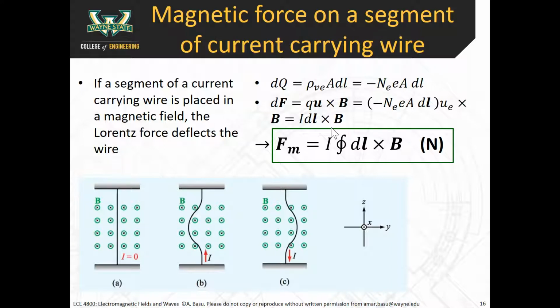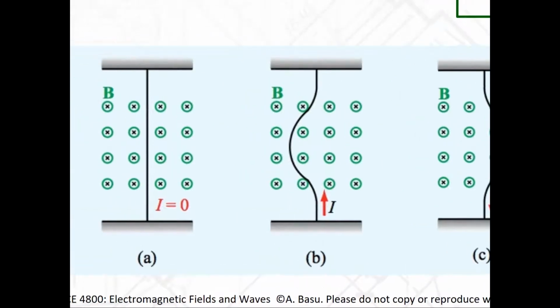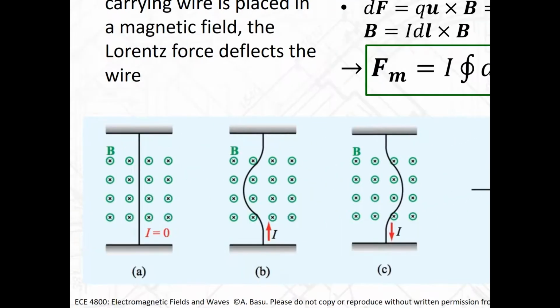So this slide is just about how there could be a force exerted on a wire if the wire has current flowing through it. Just a simple example here. So qualitatively, let's quickly look at this. In this example, notice that the magnetic field has crosses in there. The cross means it's into the page.